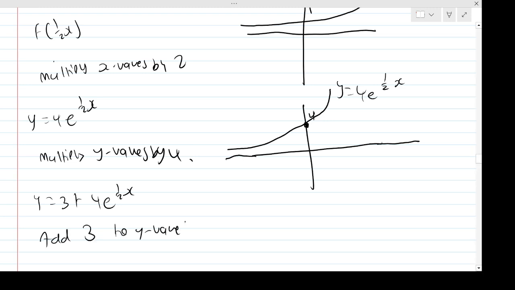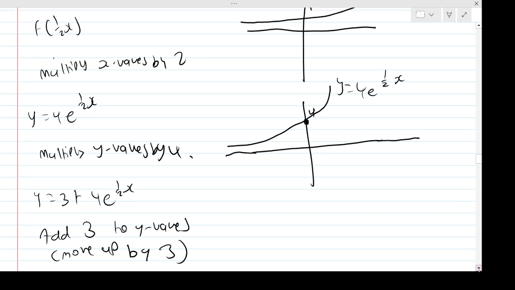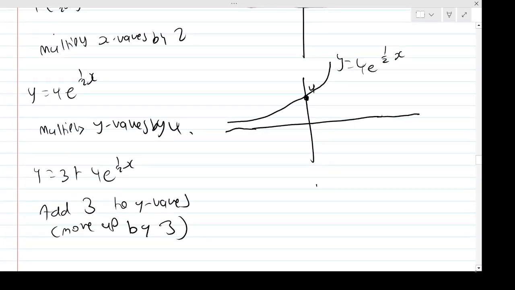So if we add 3 to every y value, the graph will just shift up by 3. Actually, this is probably the easiest sort of transformation, because we just shift the graph up by 3. A translation, right?